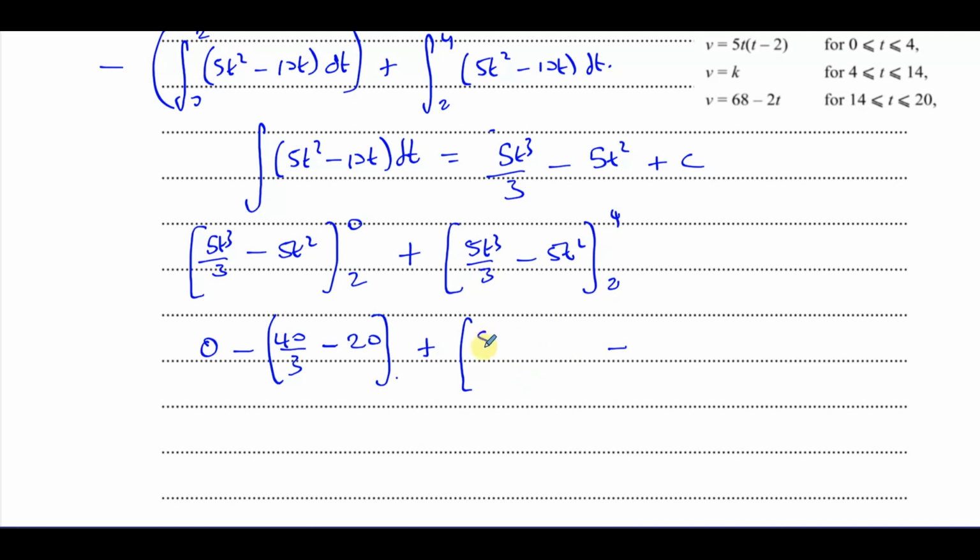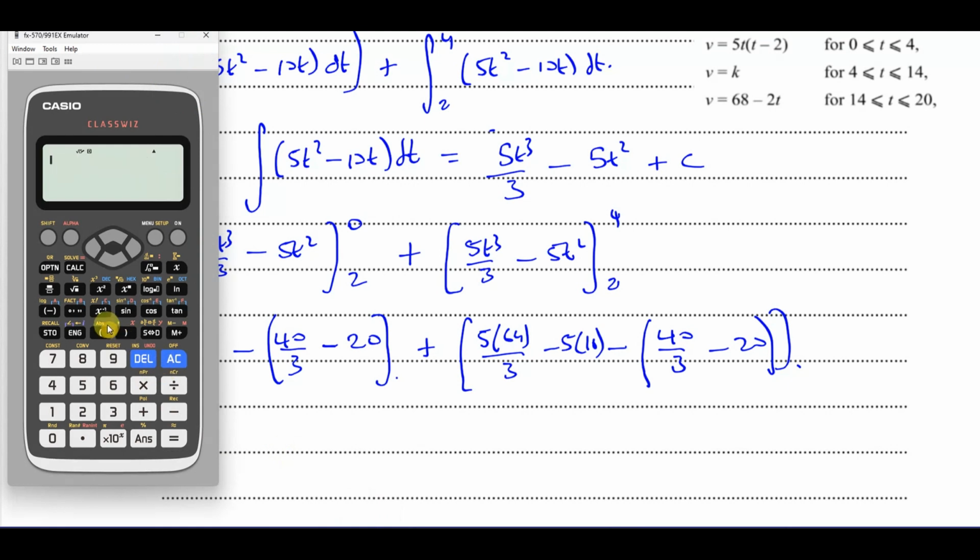So 5 times 4 cubed, which is 64 over 3 minus 5 times 16. And you take away from that what you get when you put 2 in here, which is the same as this, 40 over 3 minus 20. So that should give you your area.